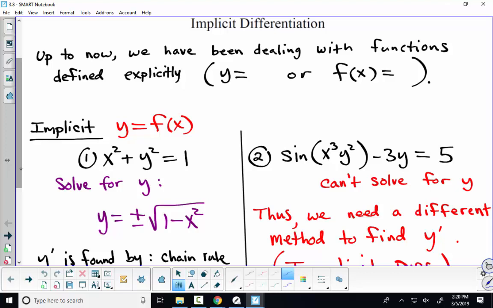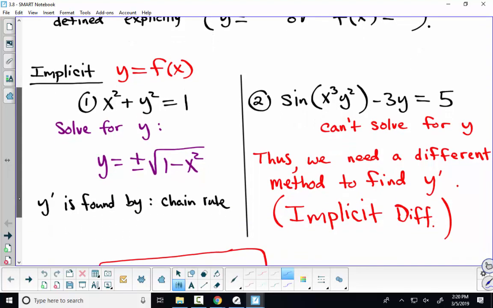So here's an example. Implicit differentiation. If you have x squared plus y squared equals 1, then in a function like that, if you didn't know how to do implicit differentiation, you could just solve for y. And you say, okay, well now I have y in terms of x, and I can take the derivative of both of those functions. Right?